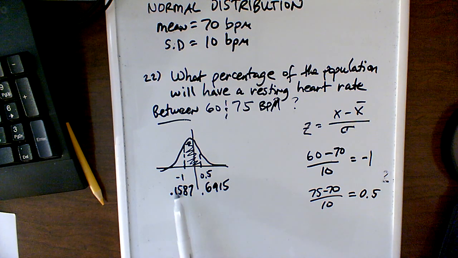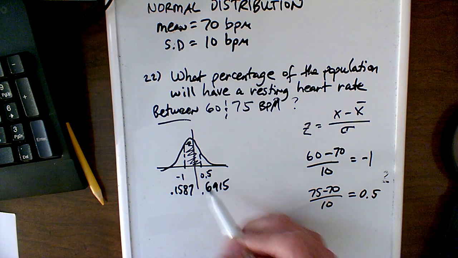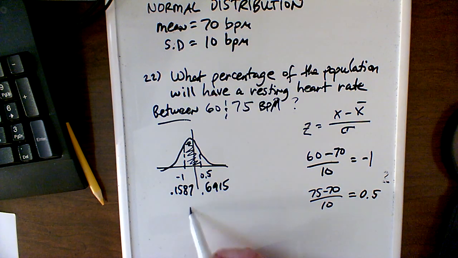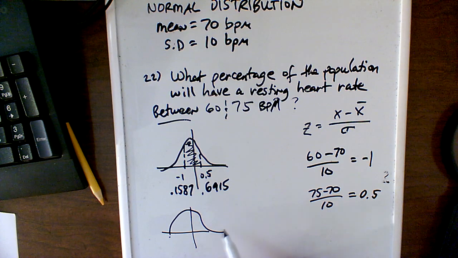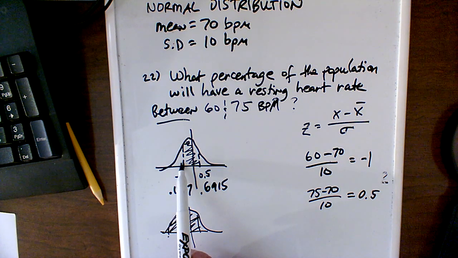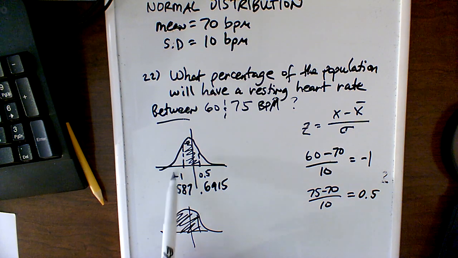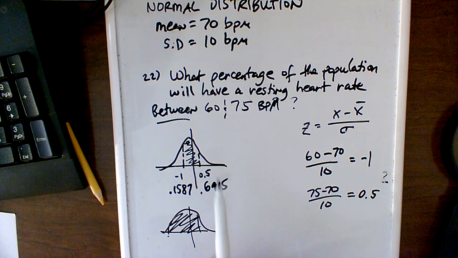So we need to find out what's the in between. So remember the 0.6915, that would be like everything to the left. But there's this little piece right here that we don't want to include. So we take this number and subtract off that little piece.